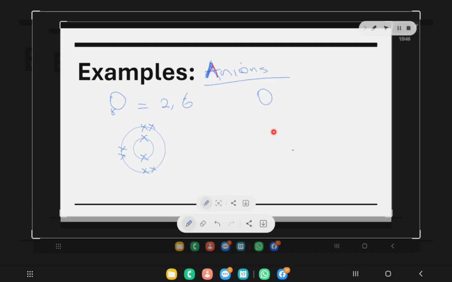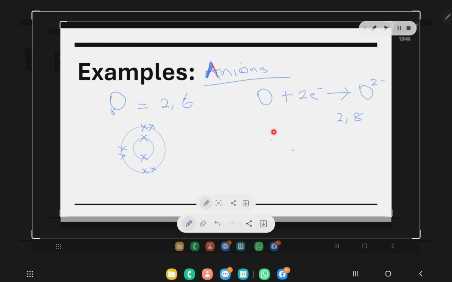Now, when oxygen wants to attain the oxygen ion, it will gain 2 electrons to become O2-. This oxygen ion will now have 2, 8 as the structure, because the 2 additional electrons complete the vacant space here, bringing the total number of electrons in oxygen to 10.